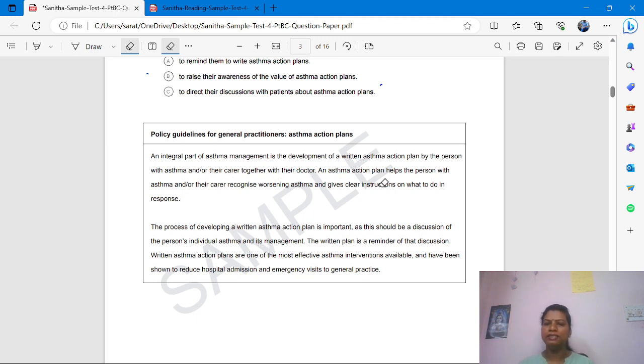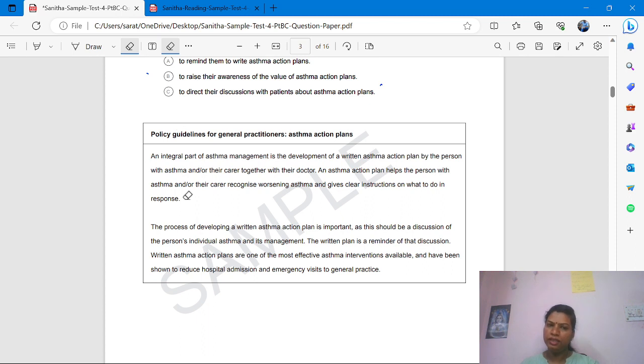An asthma action plan helps a person with asthma and their carer recognize worsening asthma and gives clear instruction on what to do in response. If there is any asthma attack, any worsening, this type of asthma action plan will guide the patient and give the proper instructions.